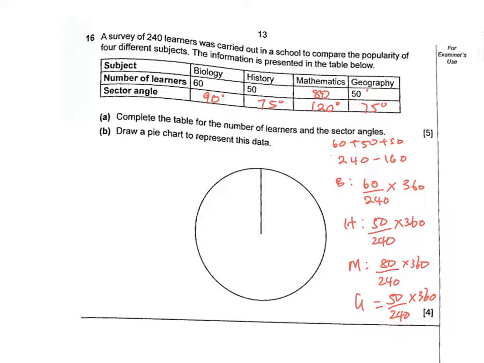Then you measure, the first one is 90 degrees, you mark that 90, and then you take your ruler and you join. Okay, this 90 degrees is not accurate. Then you label it biology, or you label with an angle which is 90. Okay, just remove this one.